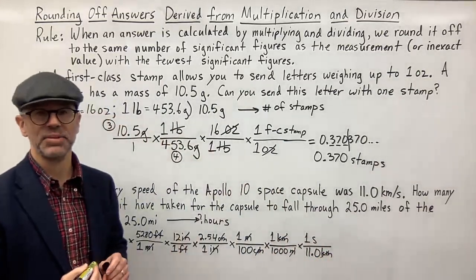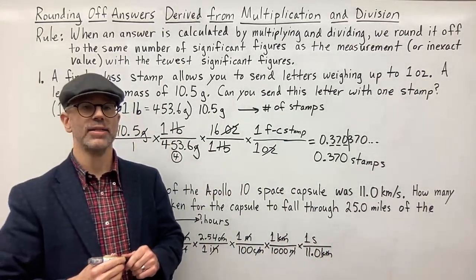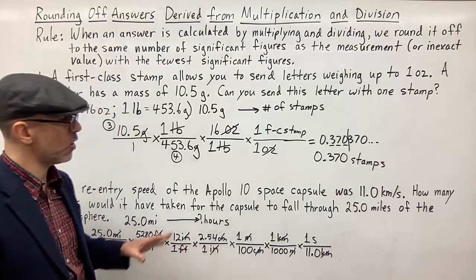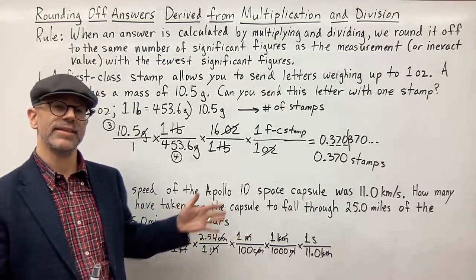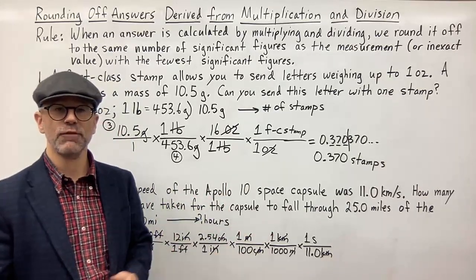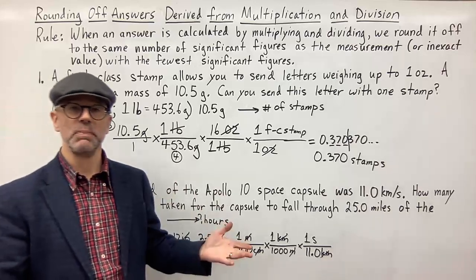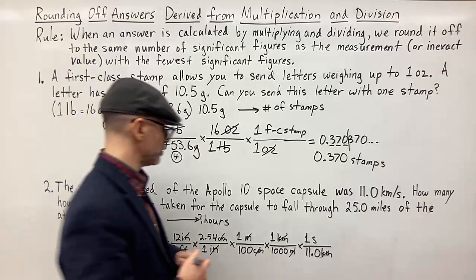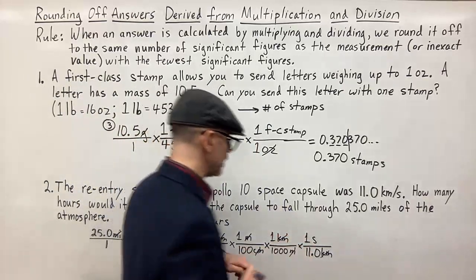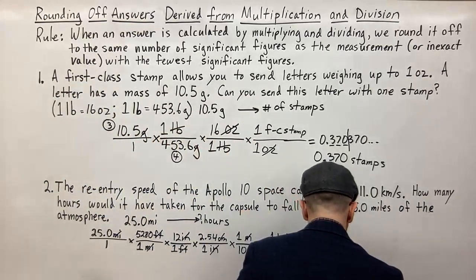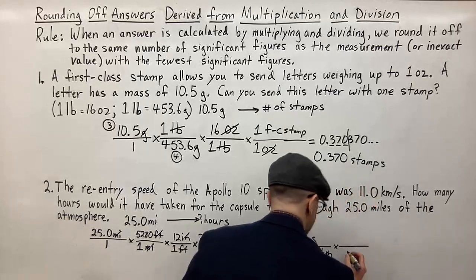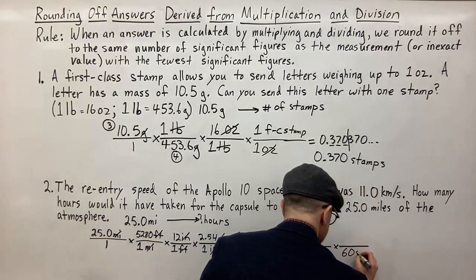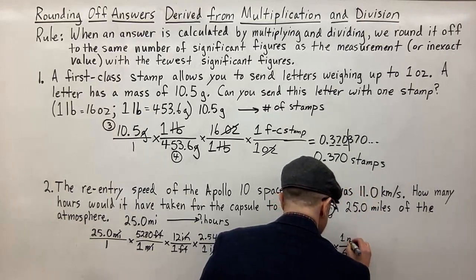Now I have time in seconds, but we want time in hours. So now I just convert seconds to hours using the conversion factors I know between minutes and seconds and minutes and hours. So I'm going to convert seconds to minutes. I'm going to put seconds on the bottom. 60 seconds is equal to 1 minute.